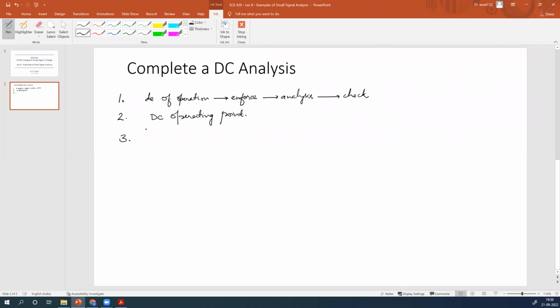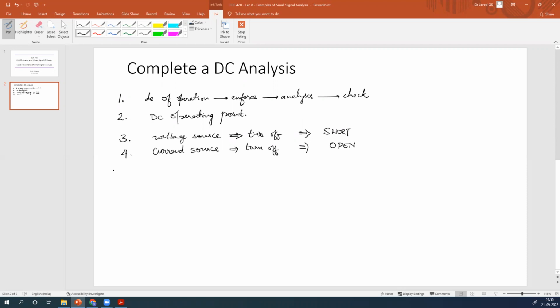One, if you have a voltage source and you turn it off, it becomes a short circuit. Second, if you have a current source and you turn it off, you have an open circuit.